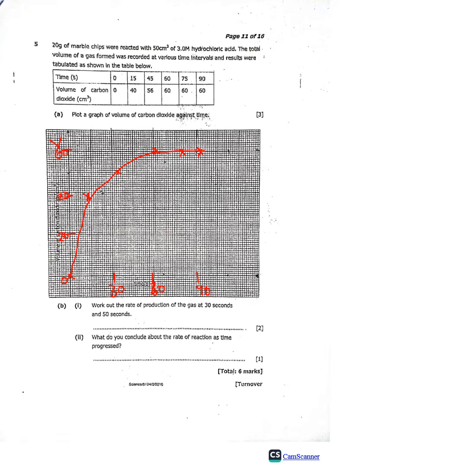Now let's look at the first question in part B. 1. Work out the rate of production of the gas at 30 seconds and 50 seconds. Rate is equal to change in volume divided by change in time. At 30 seconds, how much of the volume was produced?